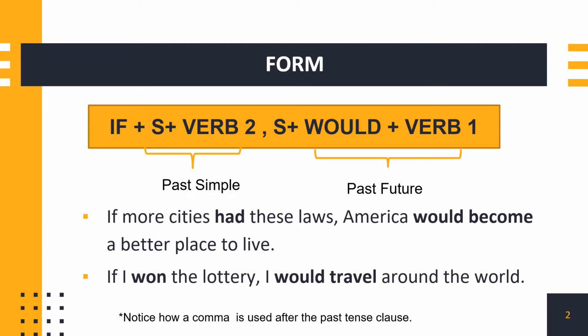So remember, after would it should be followed by verb 1. You should notice how a comma is used after the past tense clause. So after the if clause, we need to put comma. And would can only be found in the main clause, not in if clause.